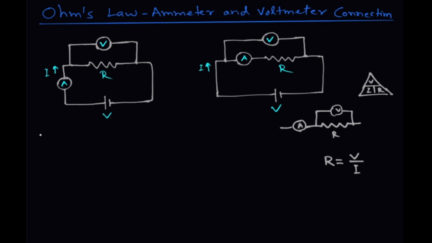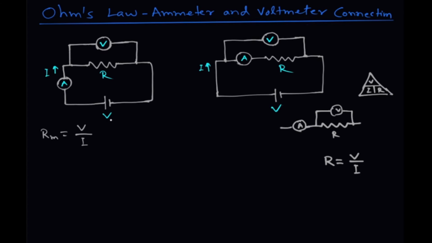The resistance R_m, that is the resistance calculated by measuring the voltage and current, is equal to V, the voltage across this resistance, divided by I. V is what this voltmeter is showing, the voltage across the resistance, and I is the current that this ammeter is showing.